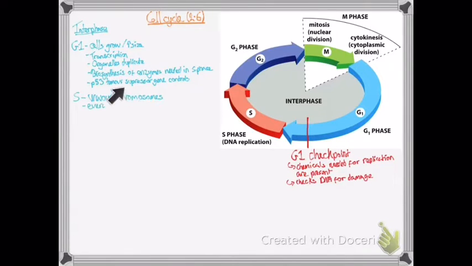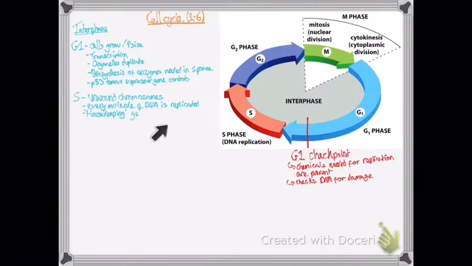So p53 tumour suppressor genes, that's dealing with cancer. If you can see the links, we don't want cancerous cells to be produced. So if it gets past this G1 checkpoint, which if it fails, by the way, it will go to G0, which I'll speak to you about at the end.